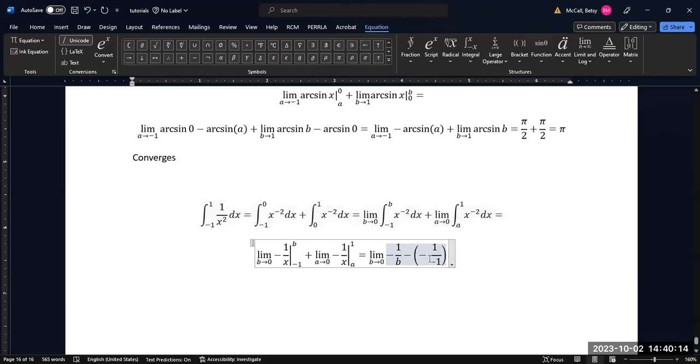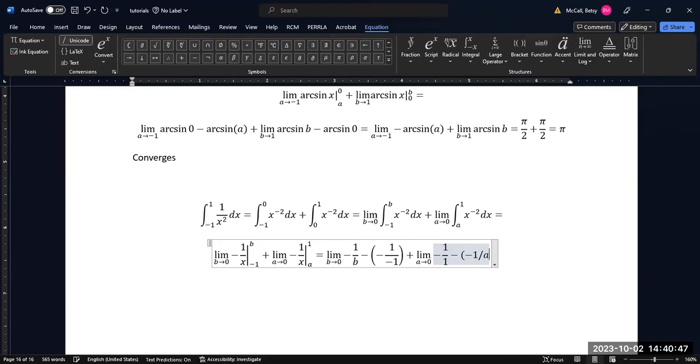And again, the 1 here is not a big deal because it's a finite value. What we care about is what's happening when we plug in the 0. And then similarly, the limit as a goes to 0 of, now here it's -1 over 1 minus -1 over a.